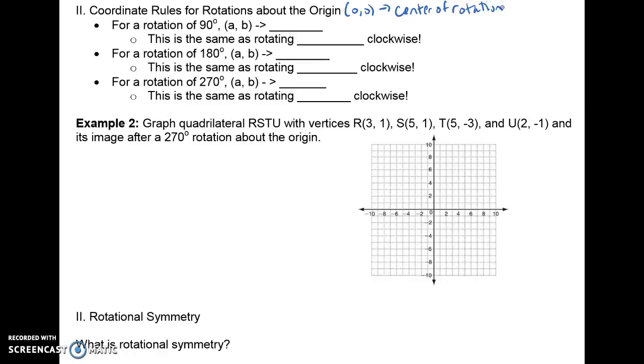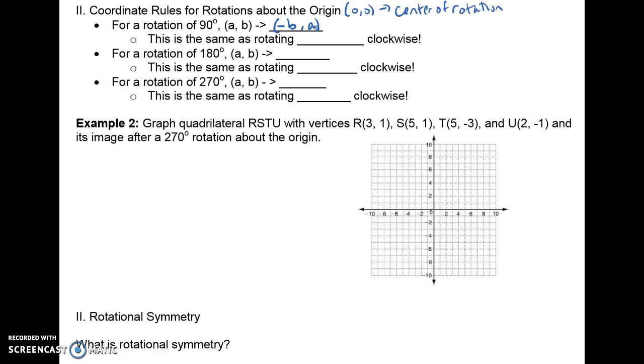Okay? So rather than have us figure out the rules, let me go ahead and just give them to you this time. So 90 degrees, meaning 90 degrees to the left, we're going to take the point (a, b), or (x, y), however you want to think about it, and rewrite it as (the opposite of b, a), or the opposite of the y value, comma, the x value.